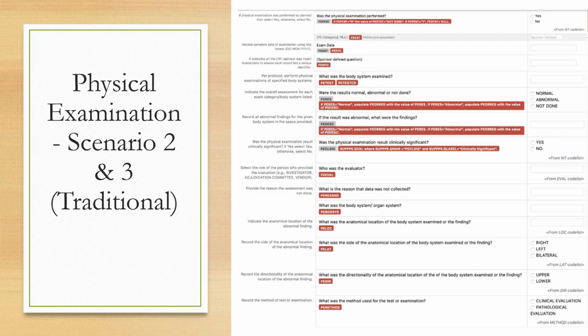And all the abnormalities found at the post baseline will be captured in your AE domain, irrespective of whether you are following scenario 1, 2, or 3. So if we are following scenario 2, then the information which we are capturing in the PE domain is also being captured in your MH and AE domain in one way or the other.